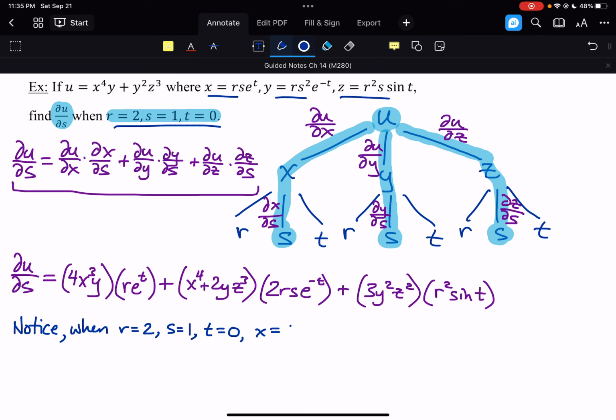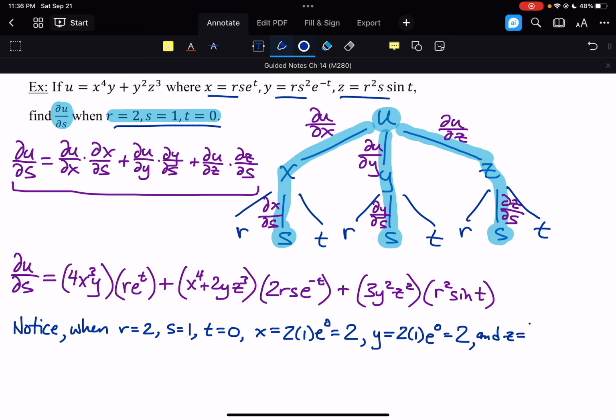x is 2 times 1 times e to the 0, which is just 2. y is 2 times 1 squared, which is just 1, e to the 0, which is also 2.